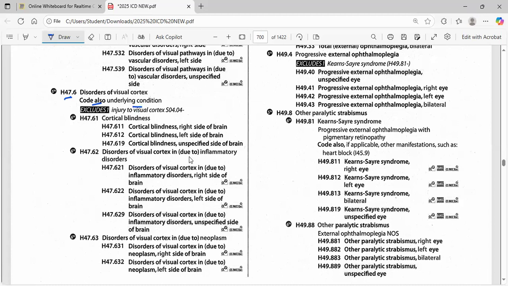It will tell us that we can code the underlying condition also. That may be your primary diagnosis, that may be your secondary. It will not tell us that we have to keep that only as primary or only as secondary. We can keep it as primary or secondary based on the reason for the encounter. So the "code also" instruction will not provide any sequencing instruction. But "use additional" and "code first" will tell you the particular sequencing instruction that you need to follow.